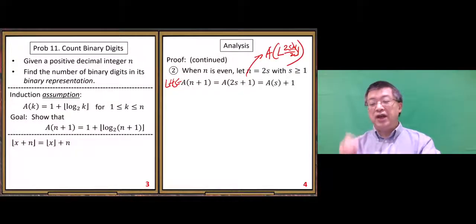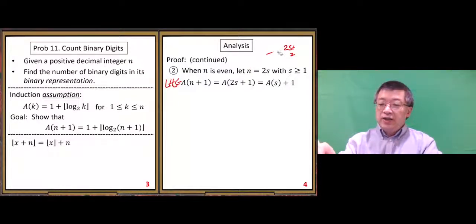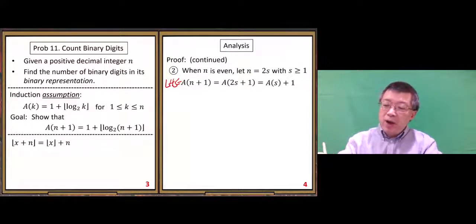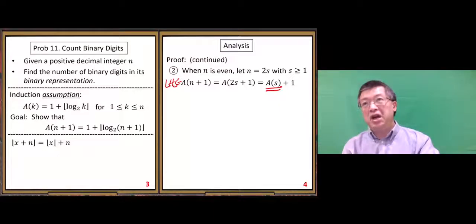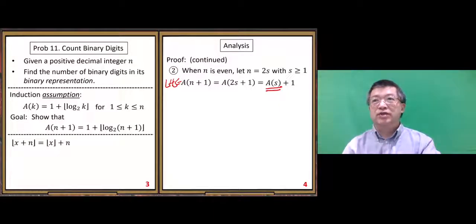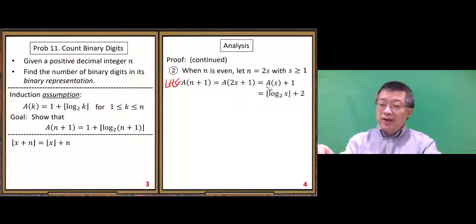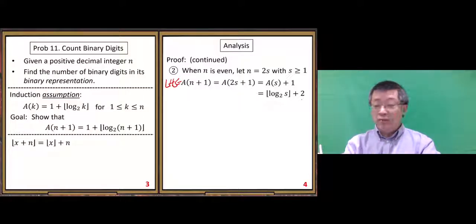So you get a of s plus 1. This a of s, by the induction assumption, another time. So we get floor of log base 2 of s, plus 1, so 1 plus 1, 2.